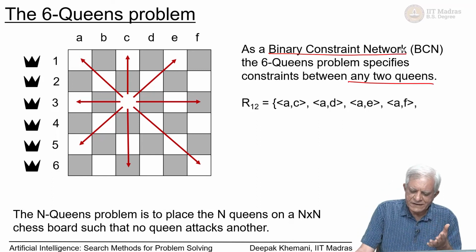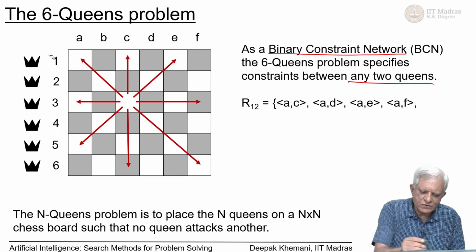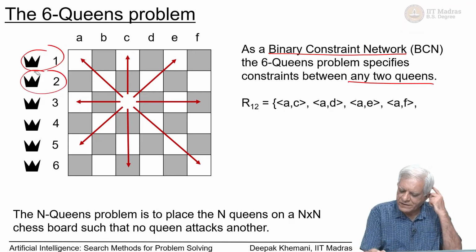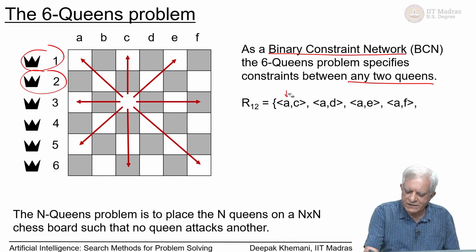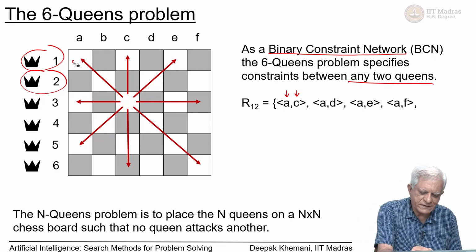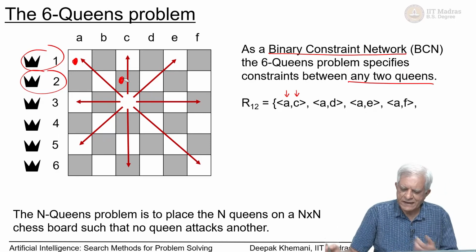So, the 6 queen problem specifies constraints between any 2 queens if you represent it as a binary constraint network. How would you represent it? You would say that the relation between queen 1 and queen 2 is that if you place queen 1 in location A, you can place queen 2 in location C, that is allowed essentially. So, queen 1 is here and queen 2 is here, because they are not attacking each other.